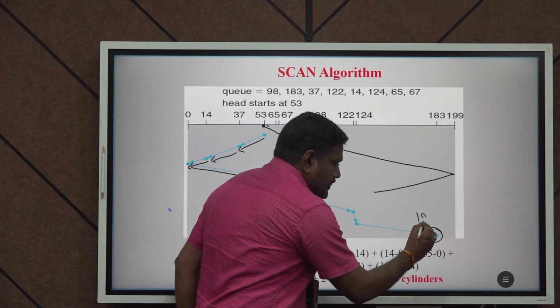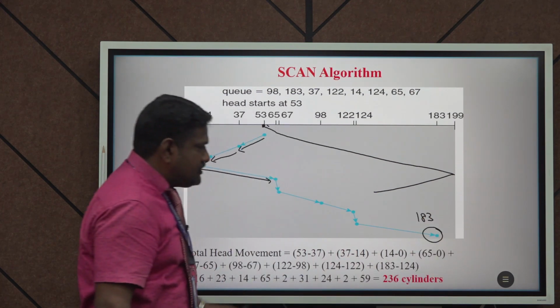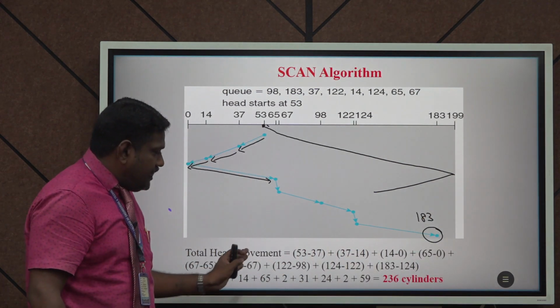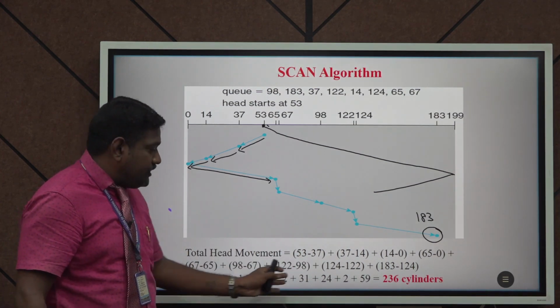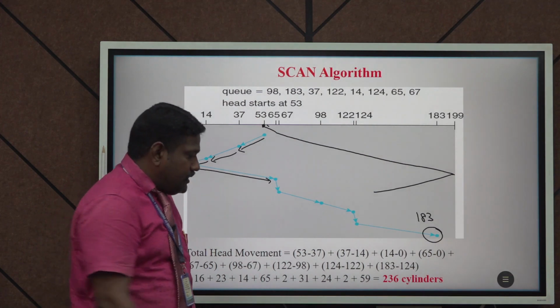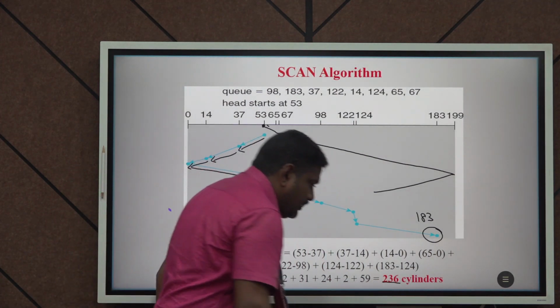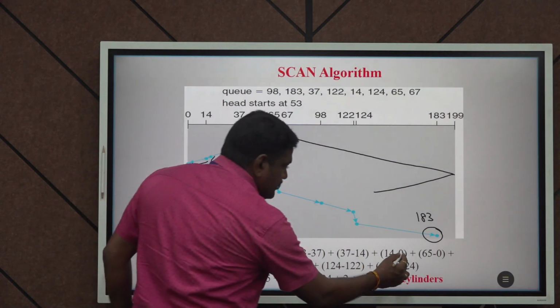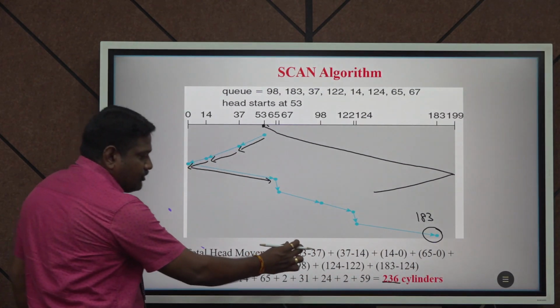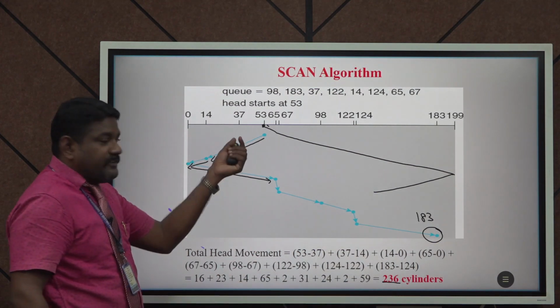Then based on the next input values 67, 98, we have to process all the inputs, and the last one is 183. Once all the inputs are completed, we have to take the differences between the values and calculate the sum of the total head movement. Here the value is going to be 236 cylinders. Instead of calculating for all the values, here it is very simple.